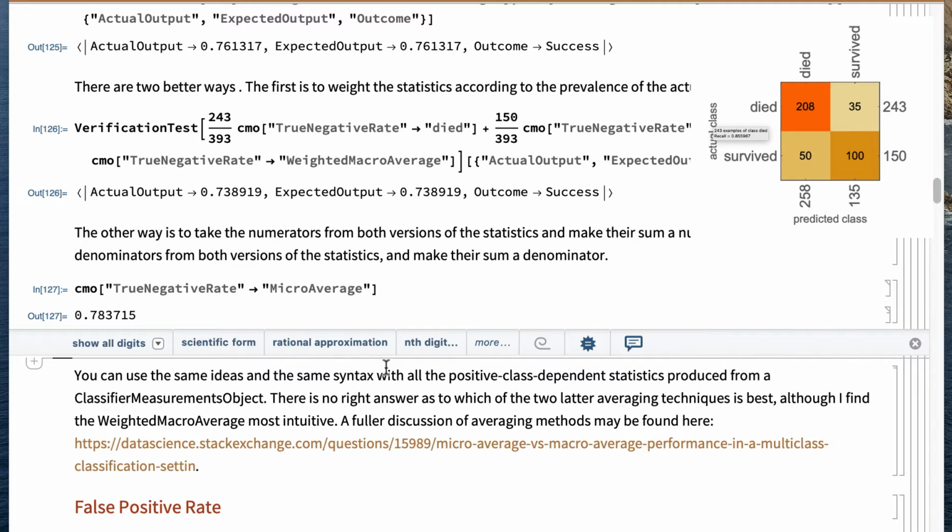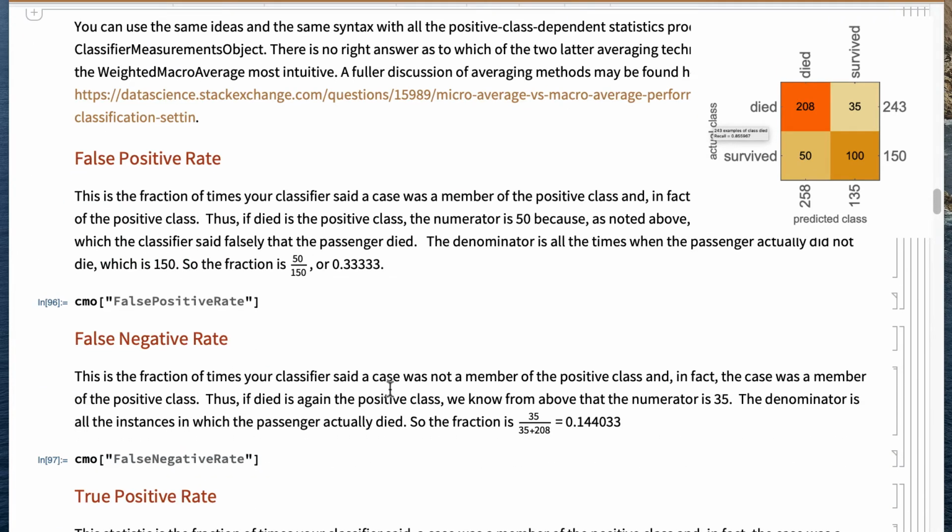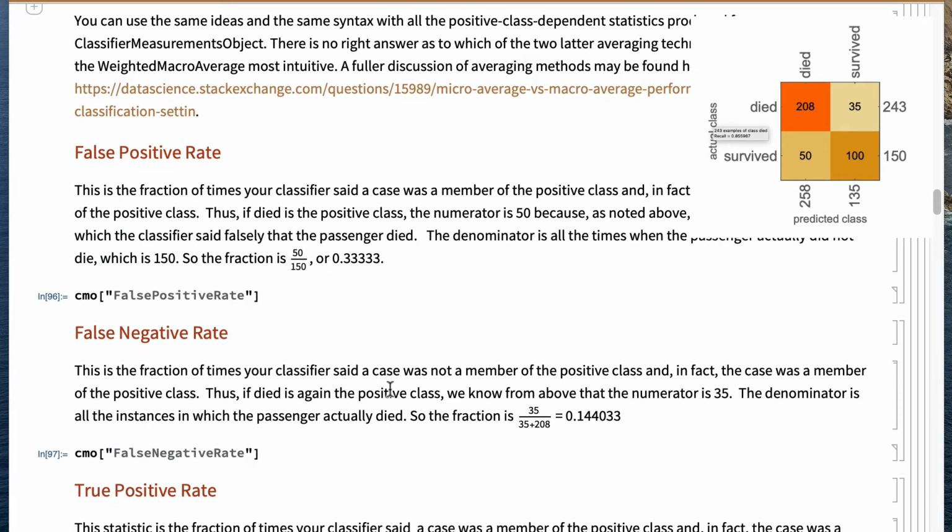All right, and so what I just told you about weighted macro average and all that stuff, that's true for all of these statistics that follow. I'm not going to say this again every time we do a statistic. All right, the false positive rate. This is the fraction of times your classifier said a case was a member of the positive class, but you got it wrong. It's not a member of the positive class.